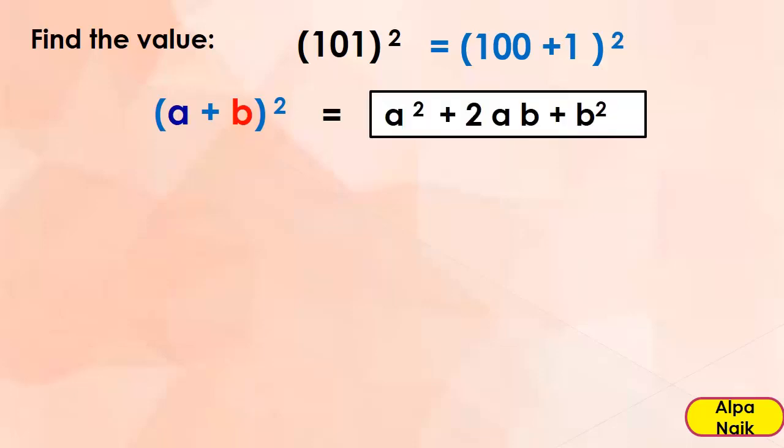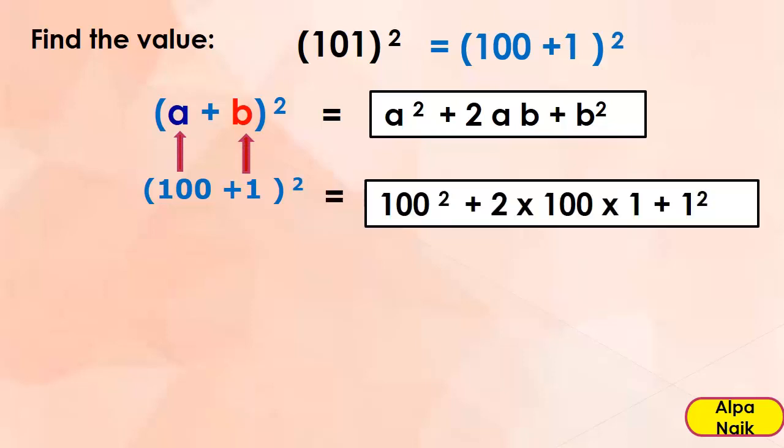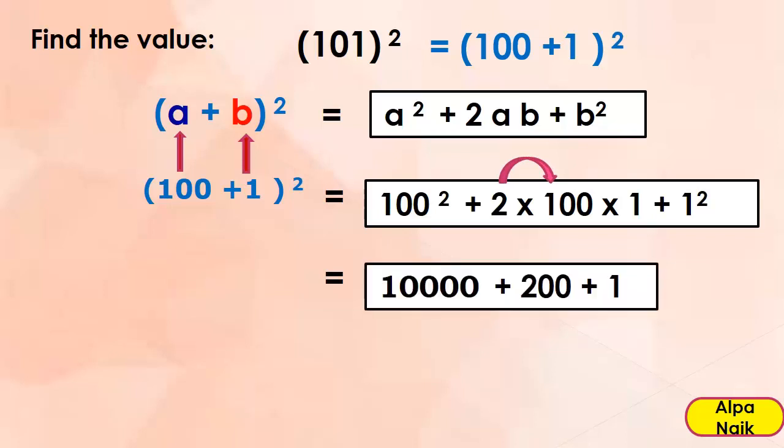So again write the formula. Instead of a, we'll write 100. Instead of b, we'll write 1. So put 100 and 1 in the proper place. Now 100 square is 10,000. Now 2 into 100 into 1 is 200. 1 square is 1. Add it all. This will be 10,201.